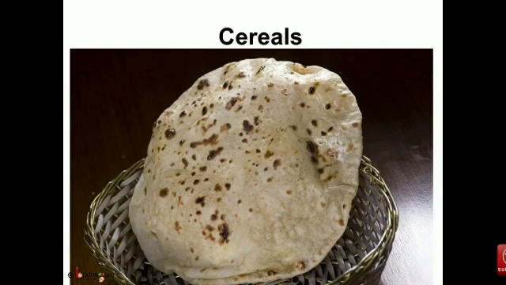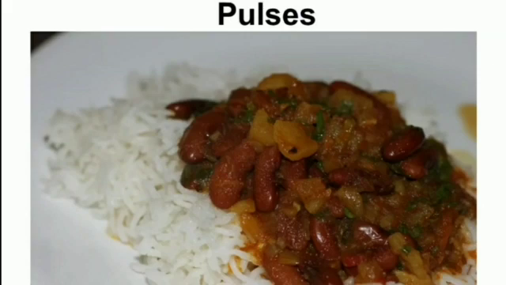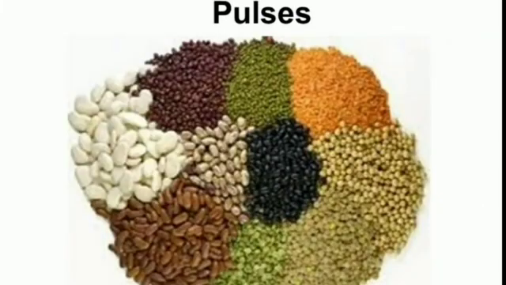Not just rice, various cereals like wheat, maize, and barley are also the seeds of plants. Even the pulses we eat along with the rice or chapati, like gram, peas, beans, and kidney beans, are the seeds of various plants.